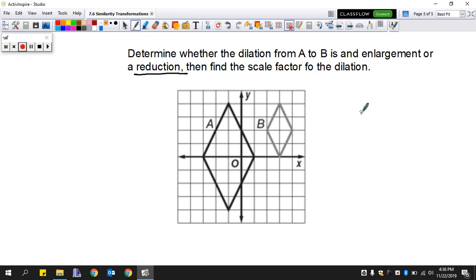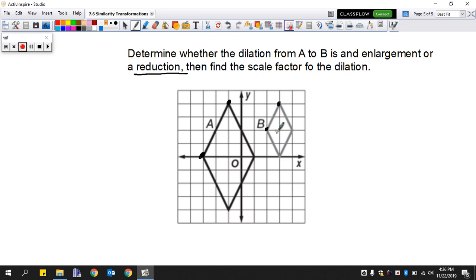We can do this in several different ways. We can use the distance formula to figure out the distance from A to B, or of this side, and then go from here to here.